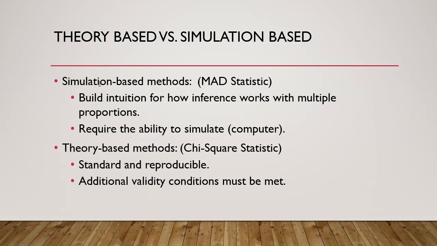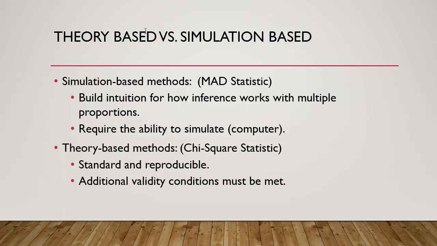If you remember from Section 8.1, the simulation-based method used the MAD statistic as a way to take all of the differences in proportions and combine them into one average that quantifies how different the proportions are from each other, and then to see if that's significant evidence that the true population proportions must not all be the same. A simulation approach is good because it builds intuition for what inference is really doing with multiple proportions, but it does require a computer to do a simulation.